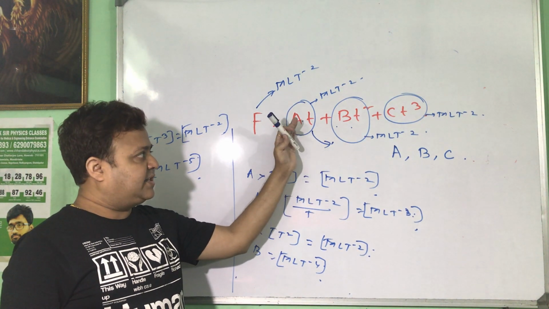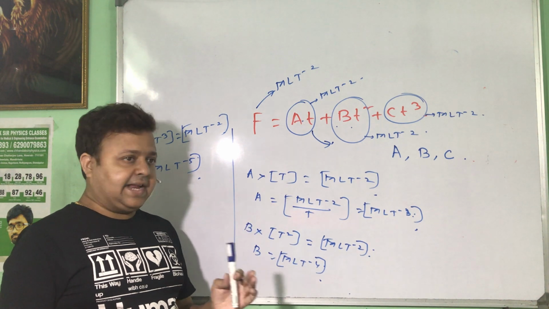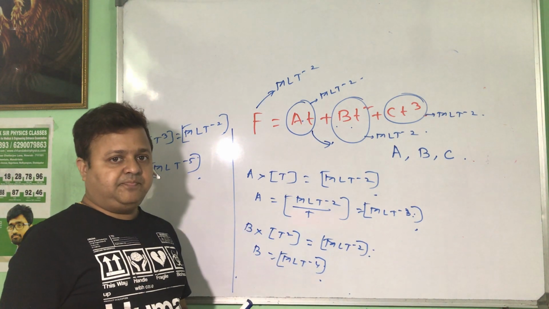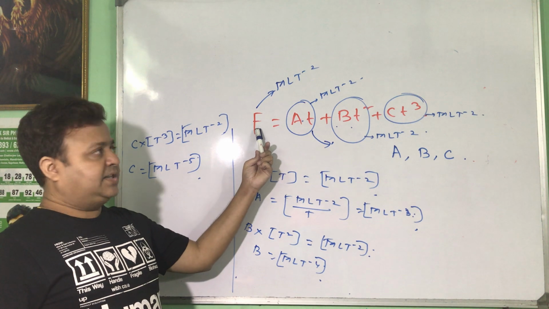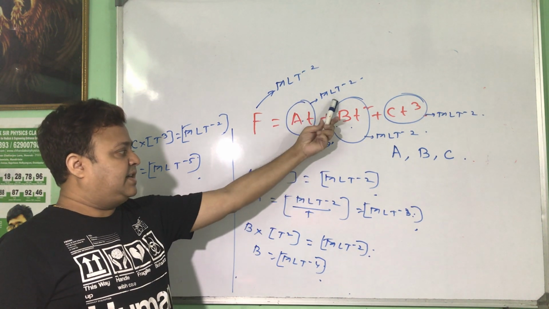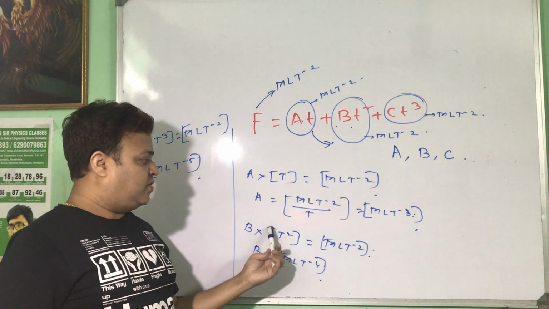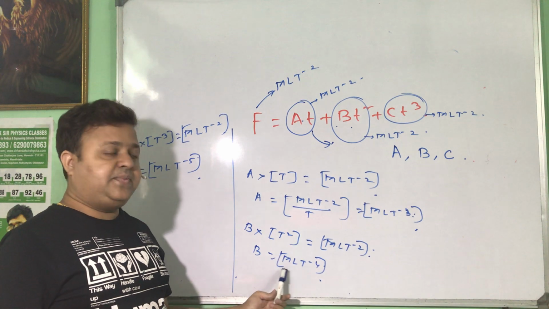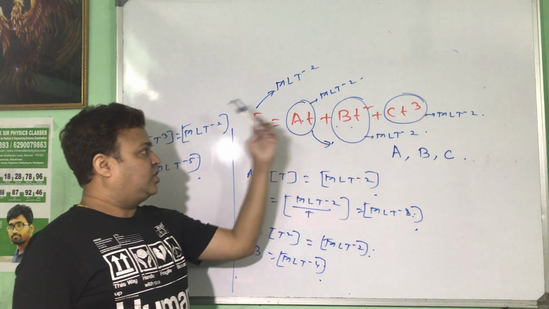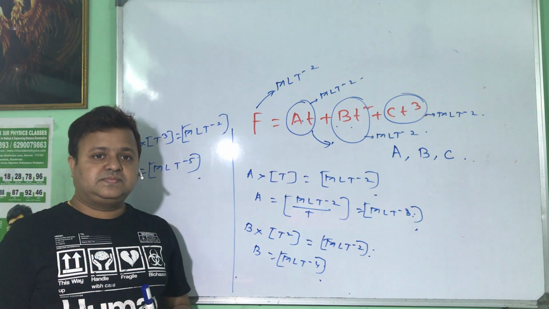We have to find the dimension of A, B, C. According to the principle of homogeneity, we can add or subtract the same dimensional quantity. Here, dimension of force is MLT minus 2. So AT must be equal to MLT minus 2, so we can find the dimension of A. BT square is also equal to MLT minus 2, we can find the dimension of B. CT cube is also MLT minus 2, that is the dimension of C. Okay.